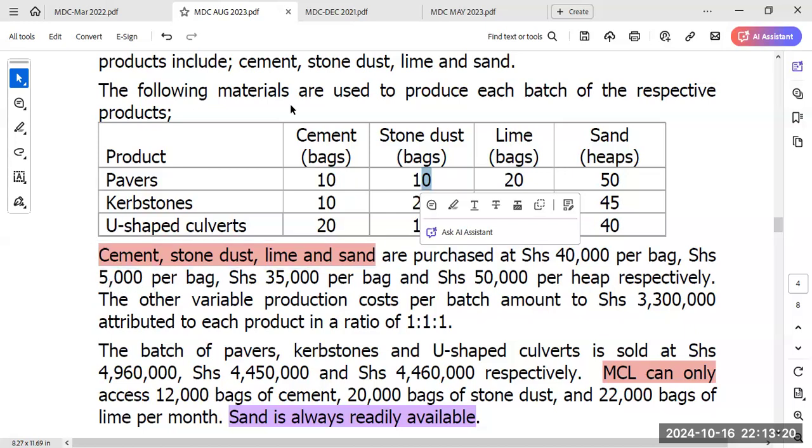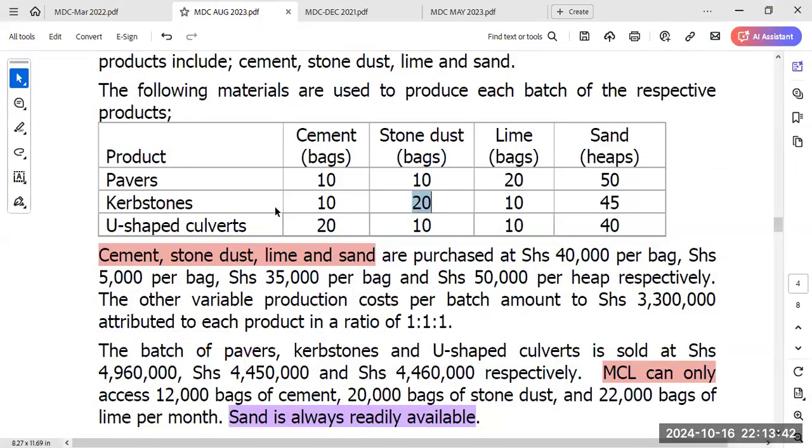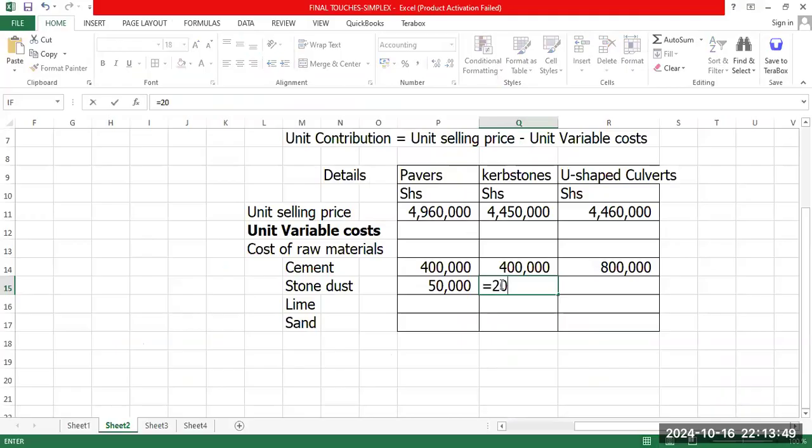So you get 10 times 5,000. Then to produce cobblestones, you need how many bags of stone dust? You need 20. 20 times 5,000.